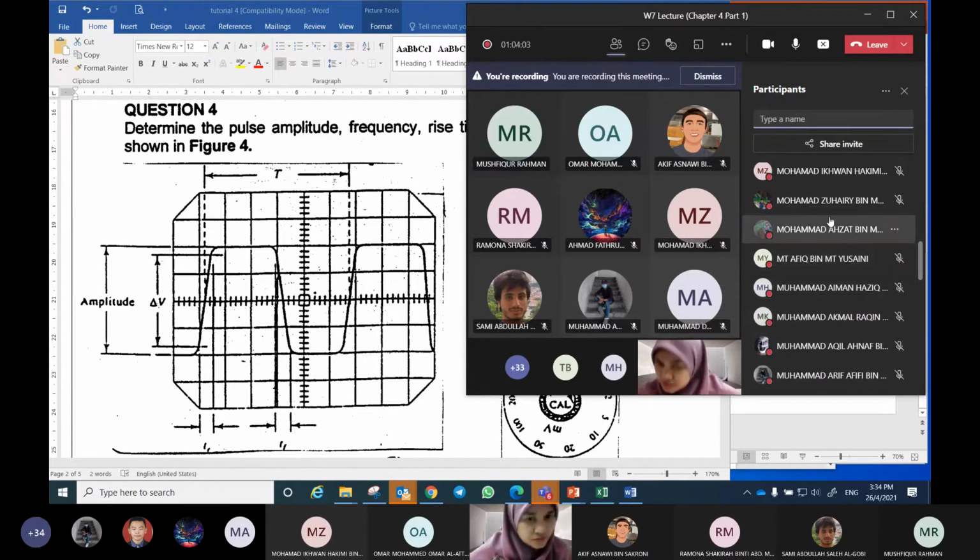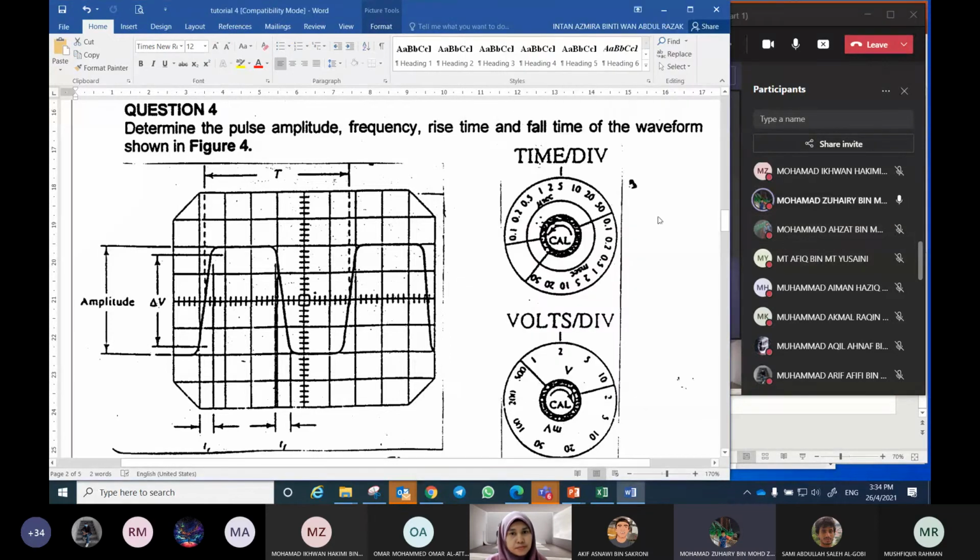Zuhairi, how to calculate the voltage? I got 2 times 2, 4.